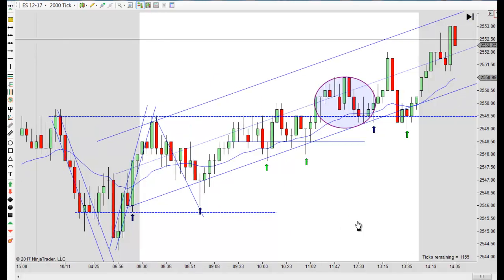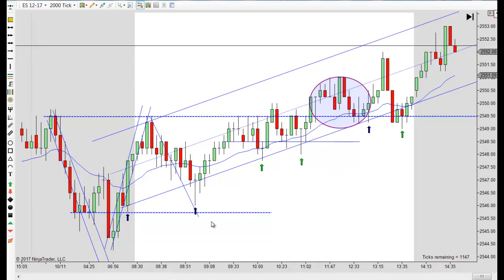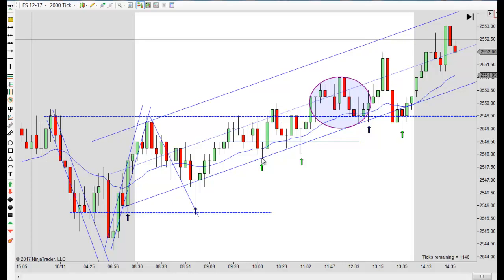And it's close enough to these lows to where you could call that a bounce off the lows too. But notice you got a new low there. You get a first entry short, second entry short, and it bounces right off what looks like it could be a trend line there.